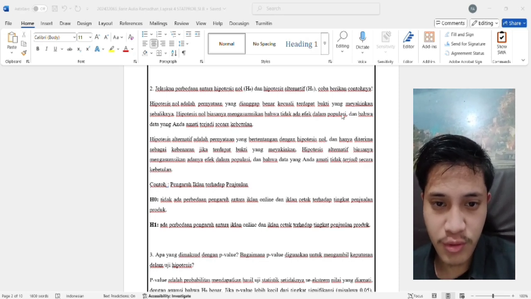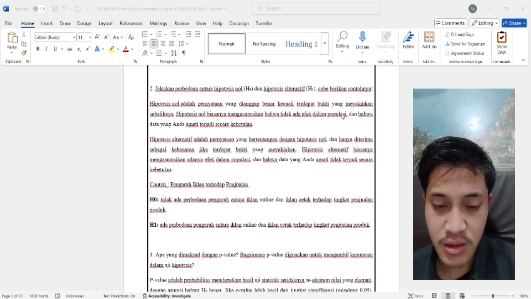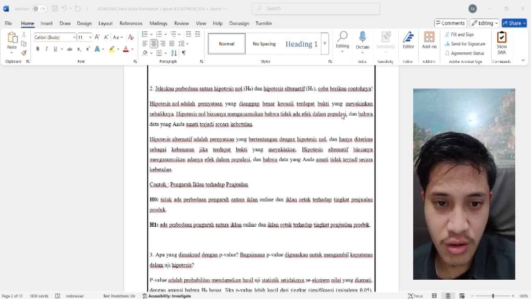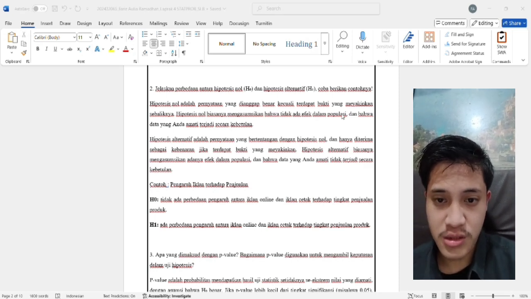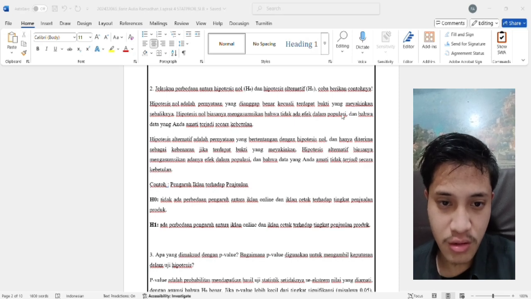The alternative hypothesis is a statement that contradicts the null hypothesis and is accepted as true only if there is strong evidence. It usually assumes there is an effect in the population, and that the observed data did not occur by chance.